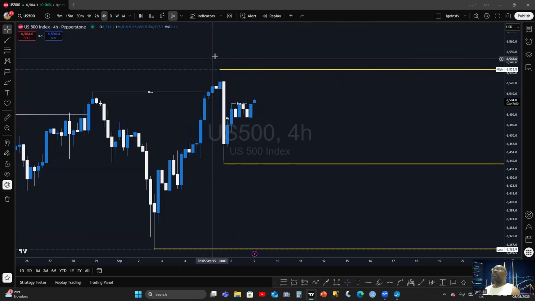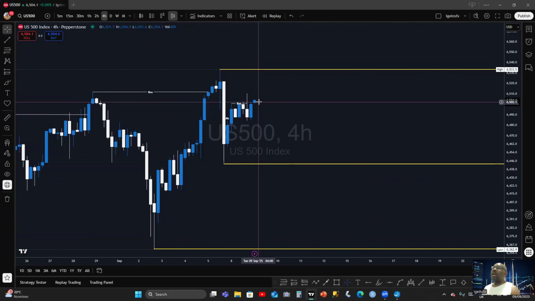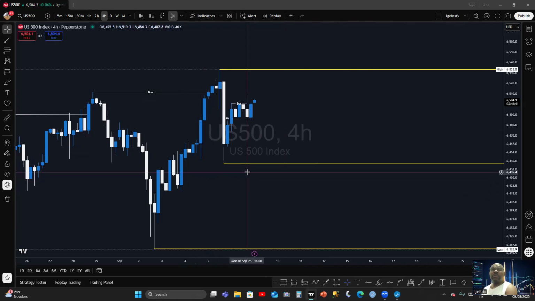All right, then once it starts pulling back, the pullback should hold in any of the levels. It could be 23, it could be 38, it could be 50, it could be 61, it could be 78, it could be 100.